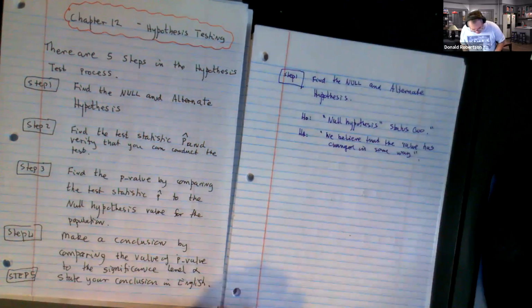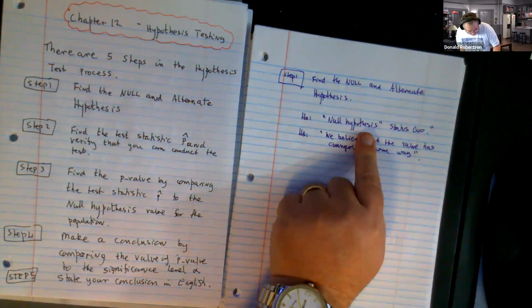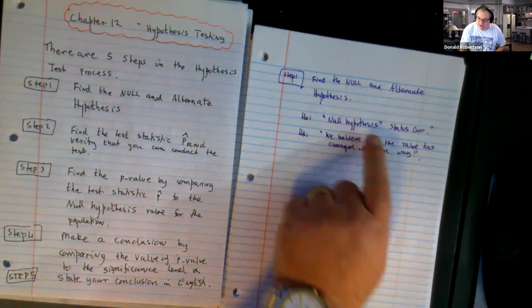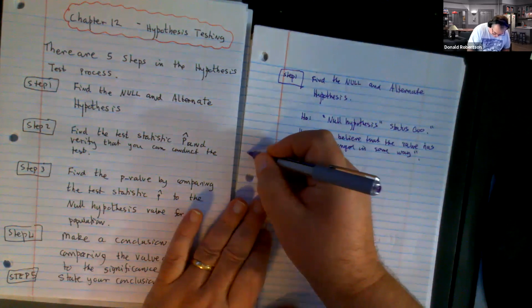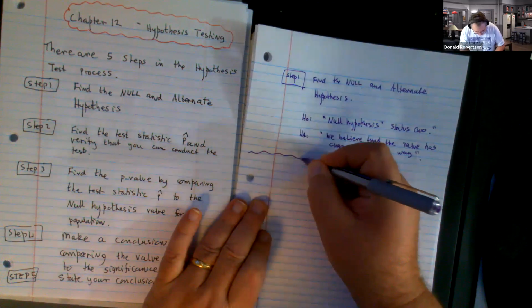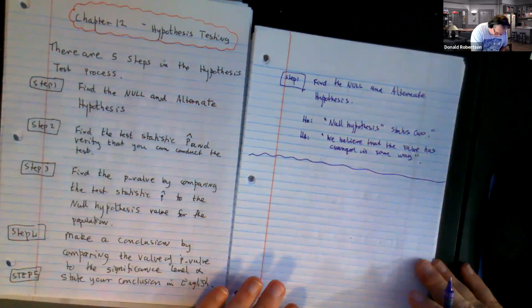So there are in fact going to be 3 types of null and alternate hypothesis. They end up being just 3 kinds. And I'm going to show you those 3 situations by having 3 different stories, one for each situation. So we'll start with the first one.